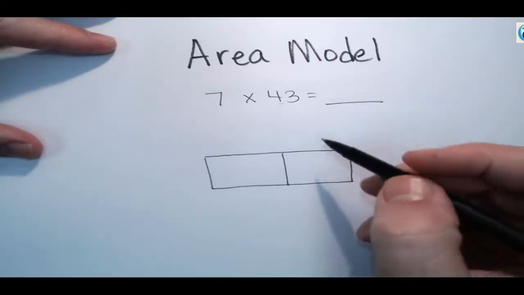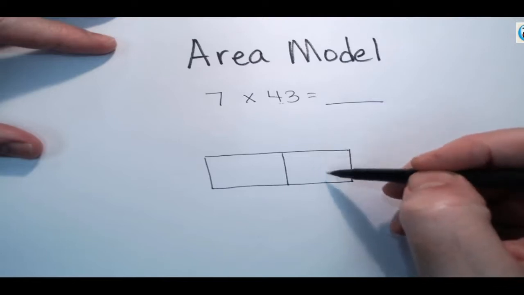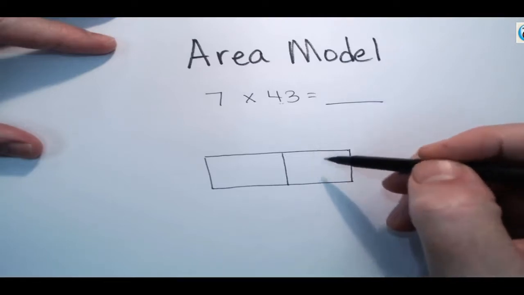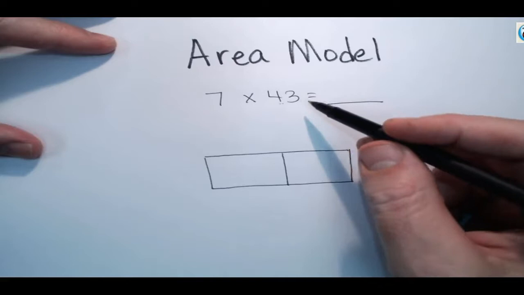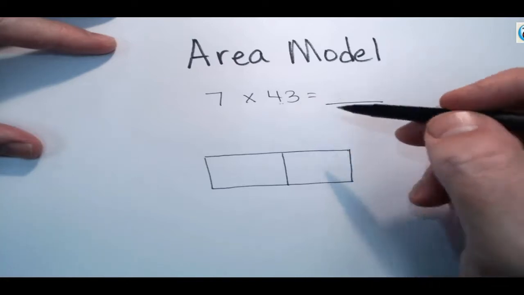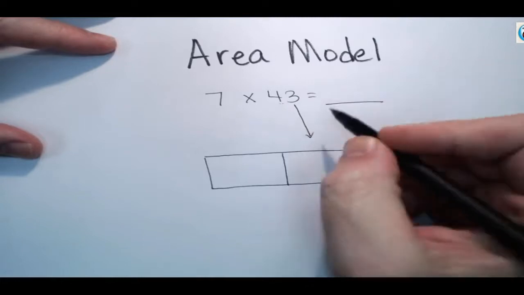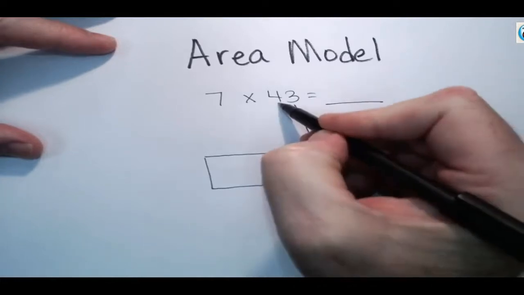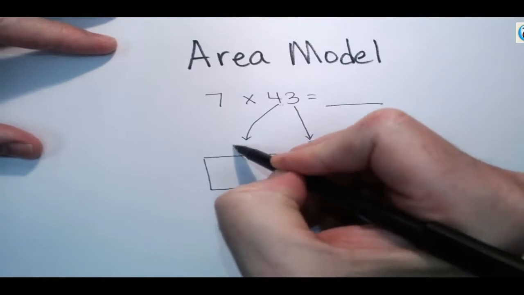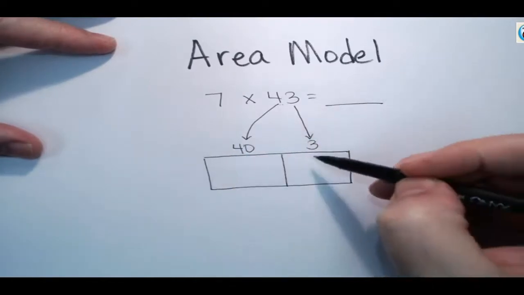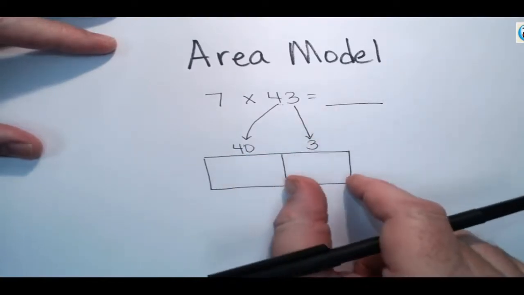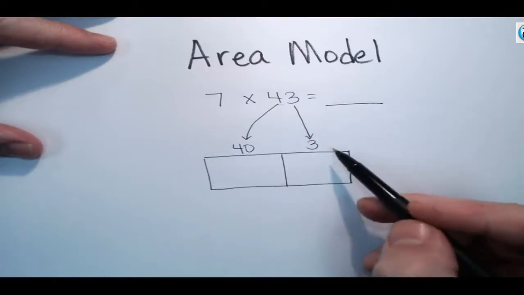Now I've seen some folks draw their dividing lines based on the amount that they would be representing. So like in this case, we're representing 3 over here, and here we're representing 40. And I have seen some folks that will make this box significantly smaller because this is only 3.